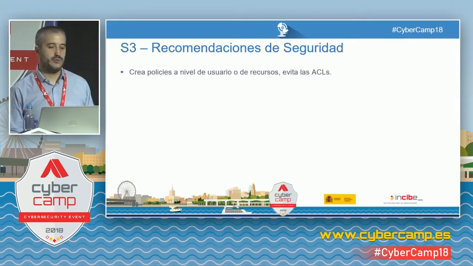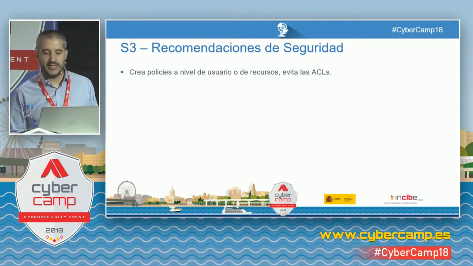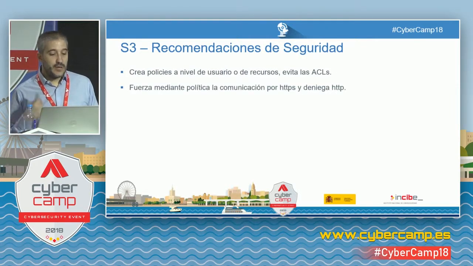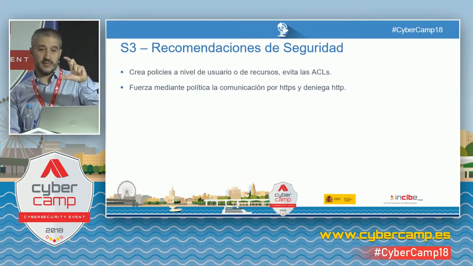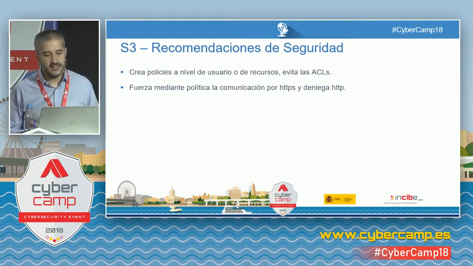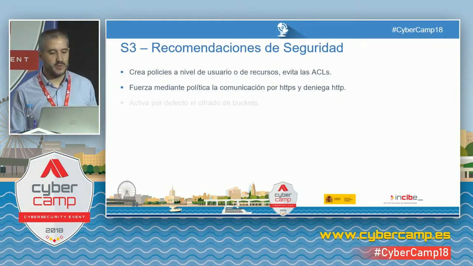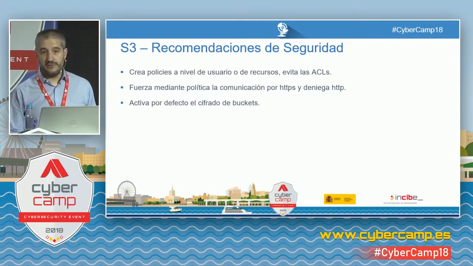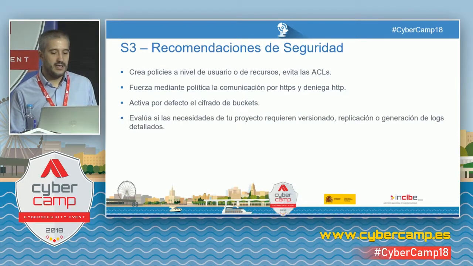So my security recommendations for S3 are the following. You need to have your own policies at the level of users or resources. Avoid ACLs. Then force the policy for communication to always work through HTTPS. It's ever so simple. You should also activate by default the encryption of all information in buckets.